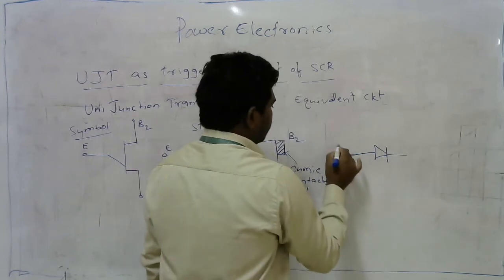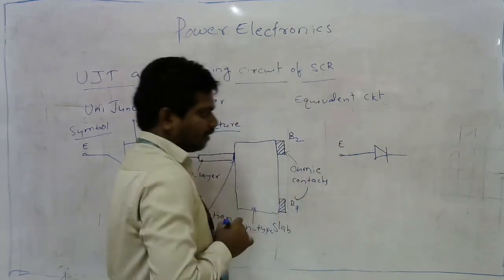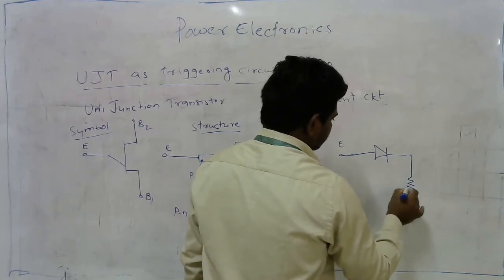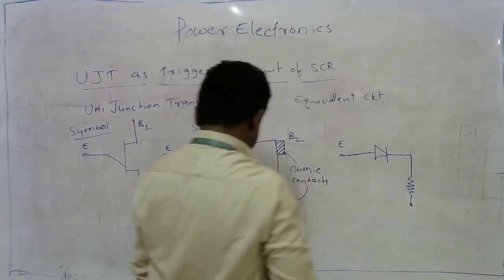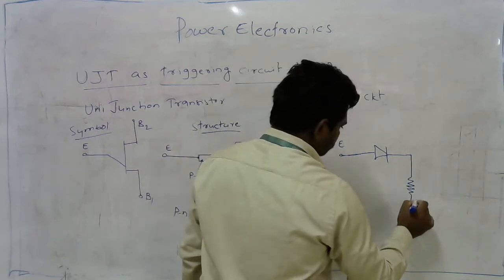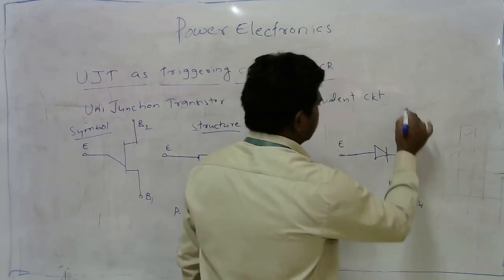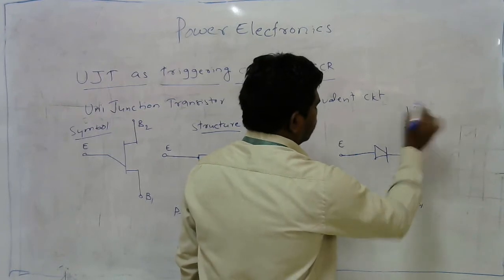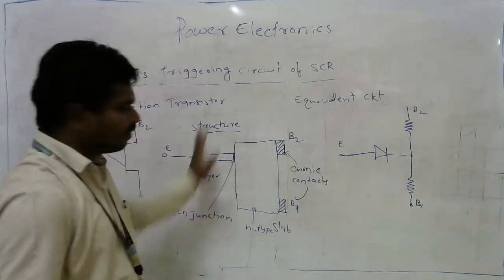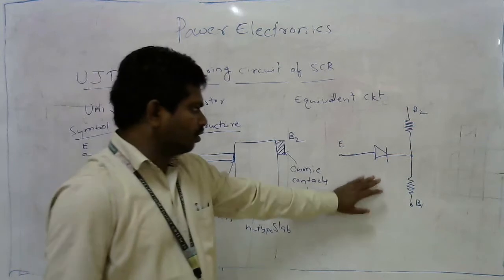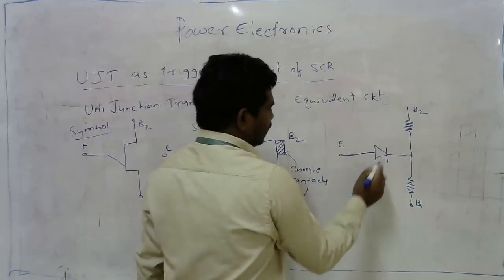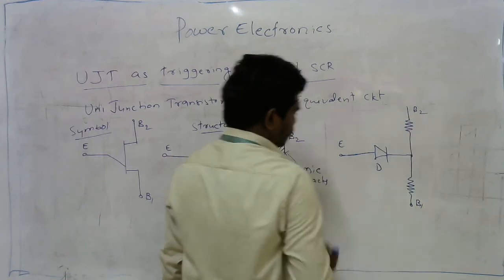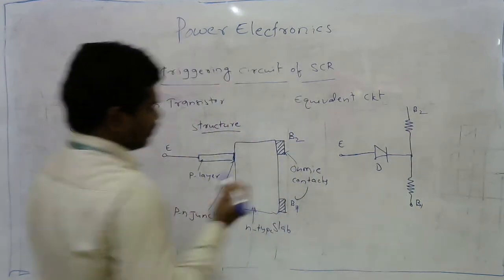So this is my emitter terminal, this side is the B1 terminal, and this side is the B2 terminal. This is a PN junction diode D, and this is the equivalent circuit.